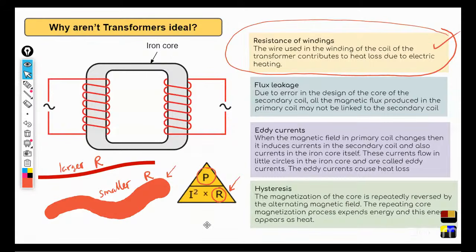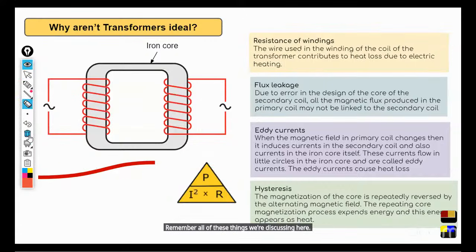All right. The next thing now is flux leakage. Now, what is flux leakage? Remember, all of these things we're discussing here are how the transformer loses power. Remember how a transformer works?